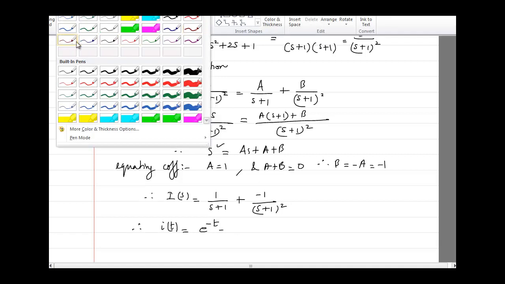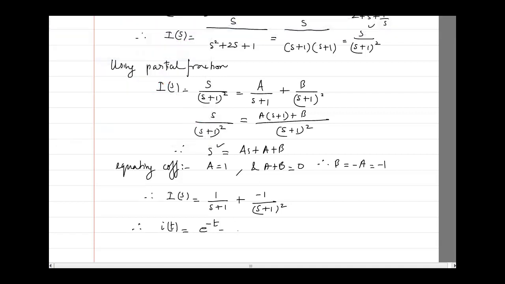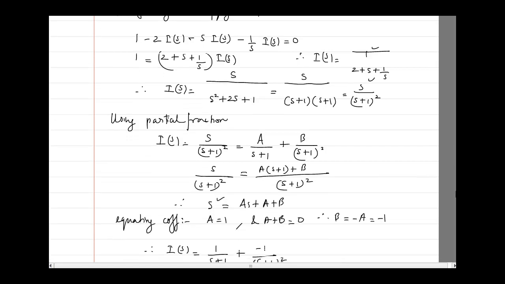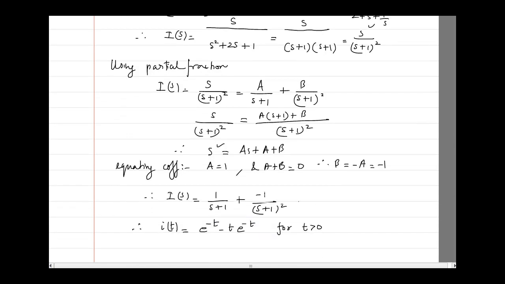So I will have minus t e raised to power minus t, u of t is there, so I will write for t greater than 0. So that's what we do. We find out the transform circuit, we solve the equation, find out the current I of S, take the inverse of that, that's all.